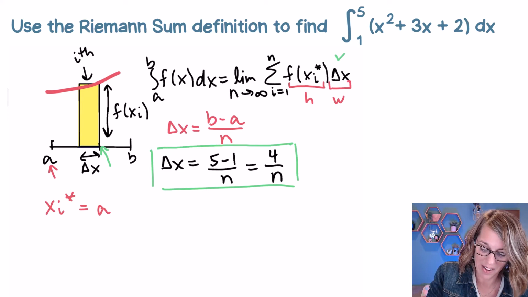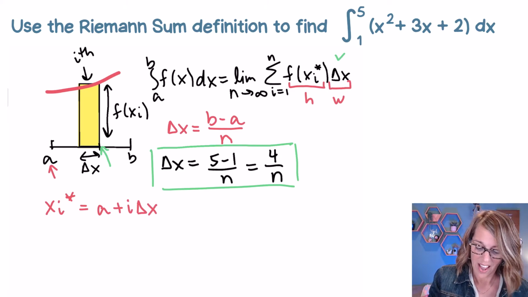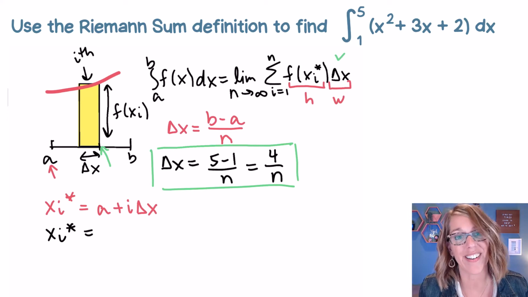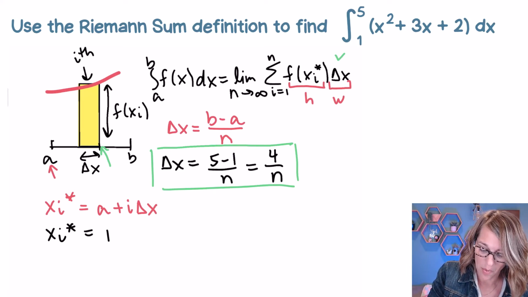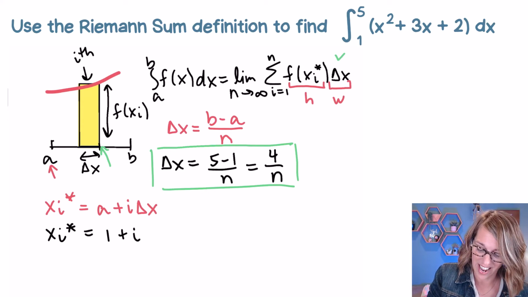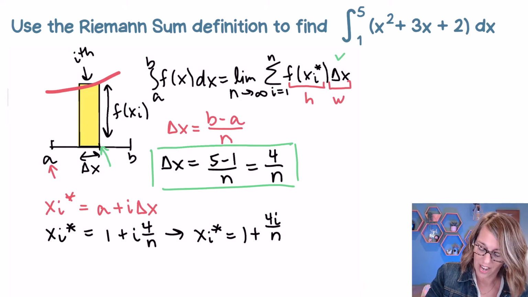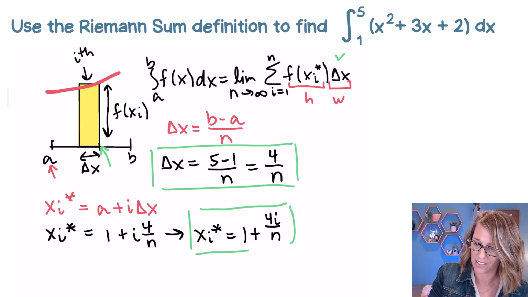So it's going to be a plus i delta x. In terms of our particular problem, x sub i star is equal to a, but in our case, a is equal to 1. So 1 plus i delta x, but delta x is 4 over n. And we can call that just a little more simply, x sub i star is equal to 1 plus 4i over n. And that gives us our x sub i star.